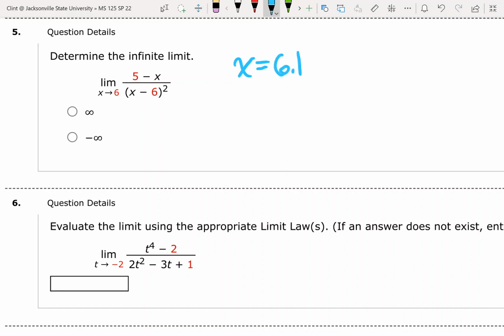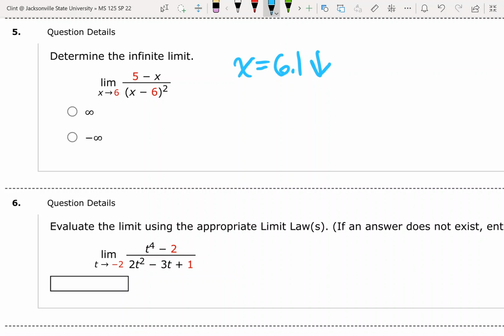See what happens. So if we do that, then on the top, for sure, it's going to be negative. And then on the bottom, we're going to have like 0.1 squared. So that's going to be positive. So coming from the right side, going down, negative. Okay, so we'll say if we plug that in, we're going down. And then we need to double check on the other side.